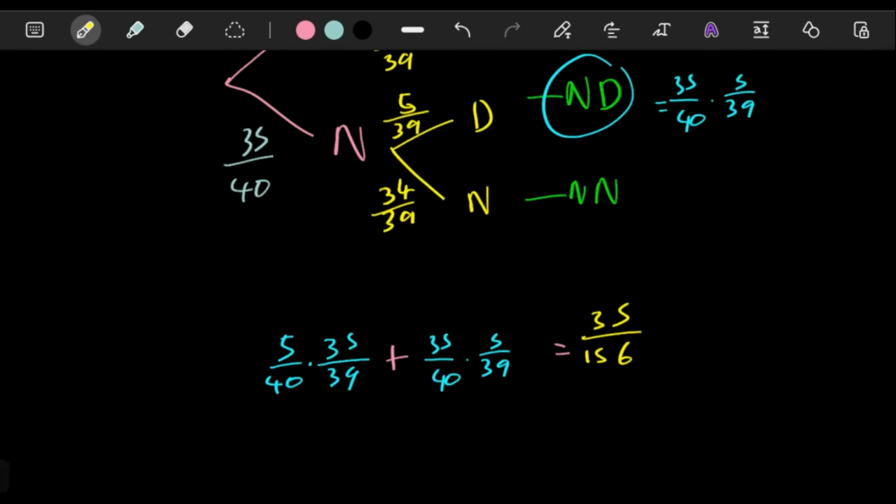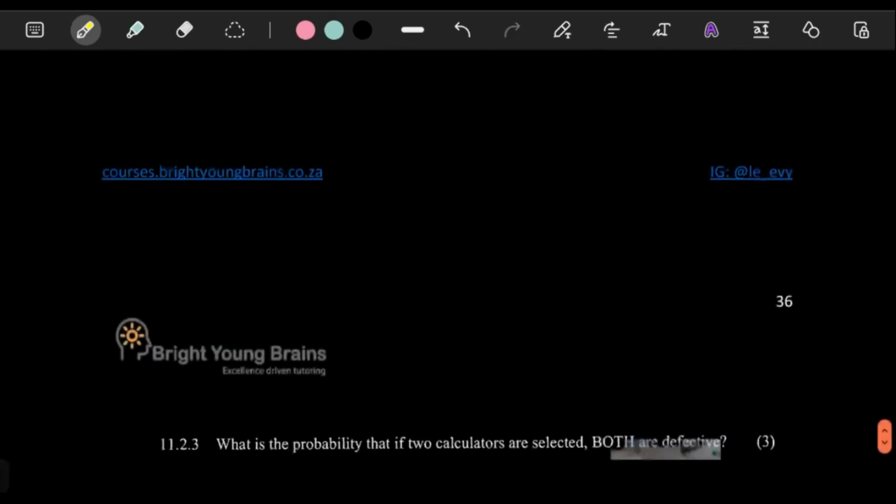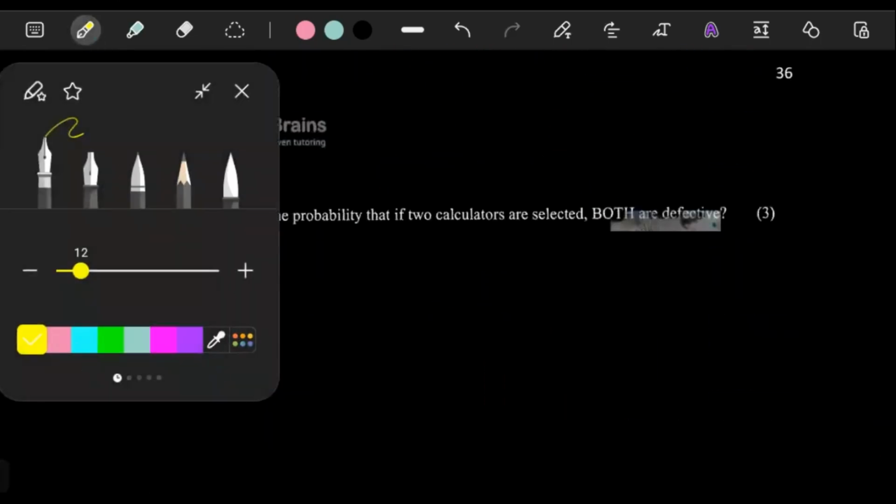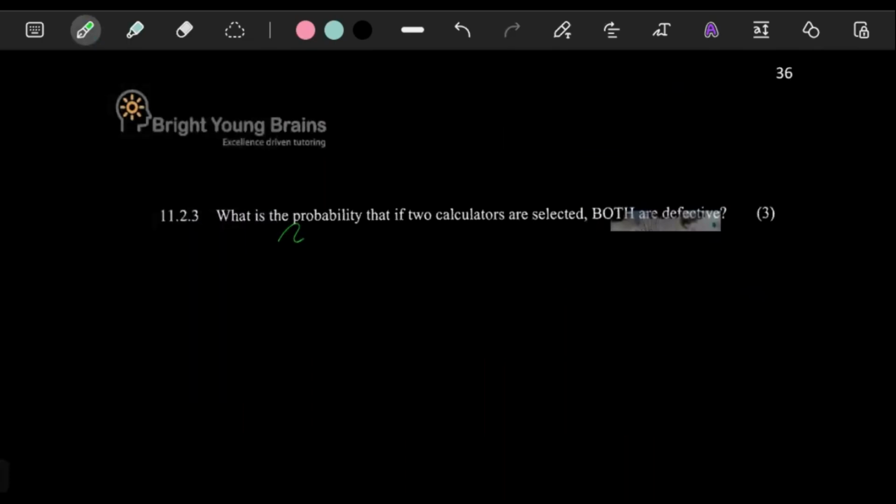The next question, 11.2.3, says, what is the probability that if two calculators are selected, both are defective?